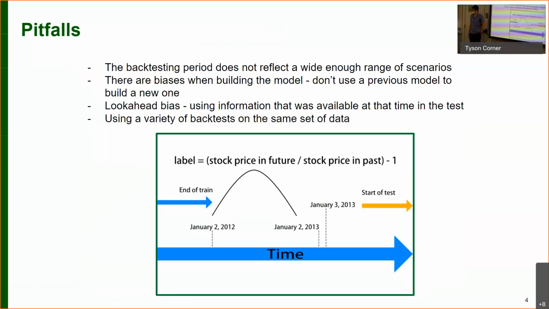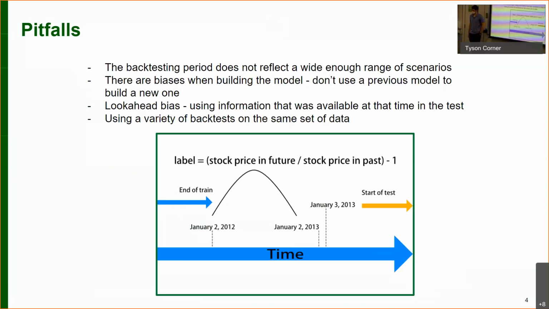This past year, we've seen an incredible rally off the March bottoms, so certain screeners that may outperform over 10, 20 years probably might not have done too well over the past year. It's really important that you have a good range that captures a wide variety of scenarios, so that you know your screen and your backtest were very good.